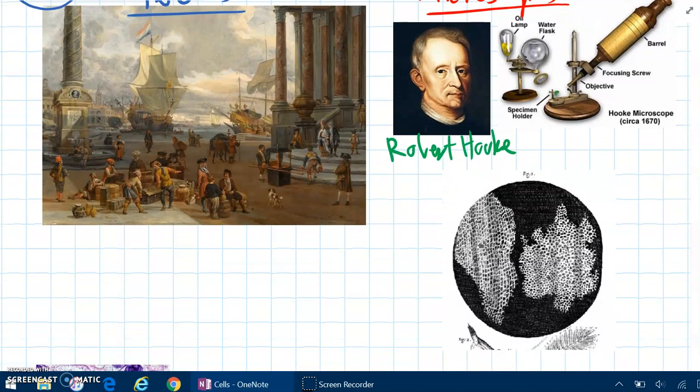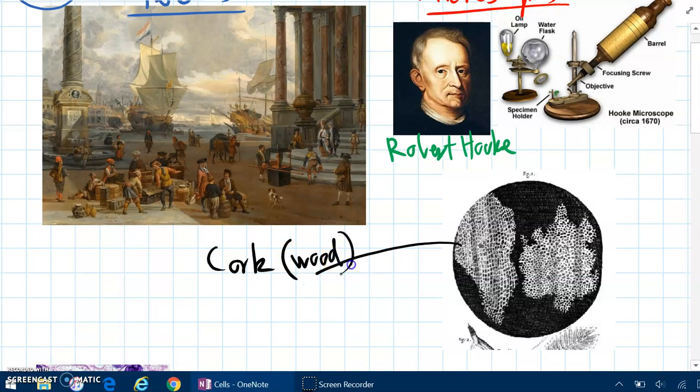And when he started looking at living things, this is the kind of picture that he saw. So this was him looking at some cork, which is wood from a cork tree. And he was amazed to see that actually a piece of wood was made up of lots of these tiny individual sections.